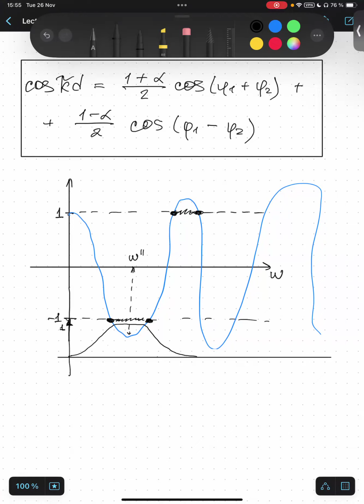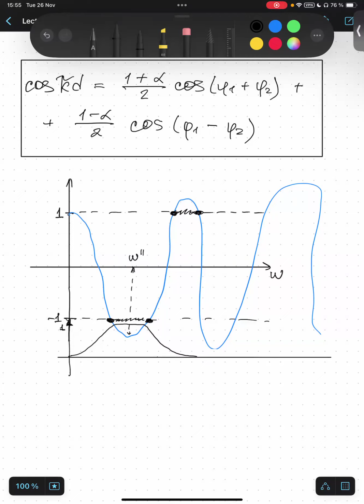So when your frequency is in a band gap of photonic crystal, you will have zero transmission, and almost all the light will reflect from your photonic crystal.